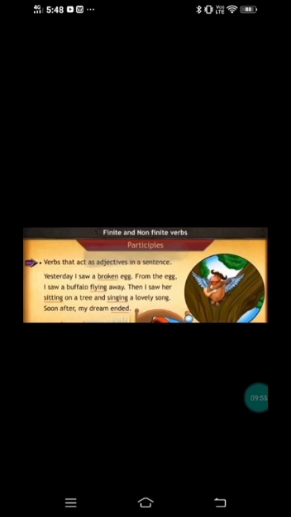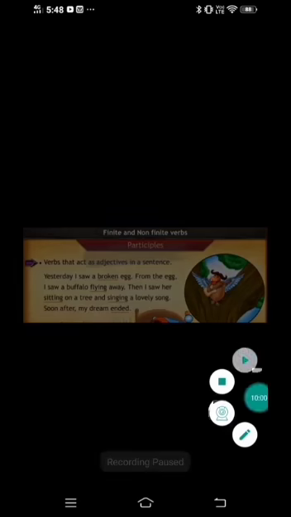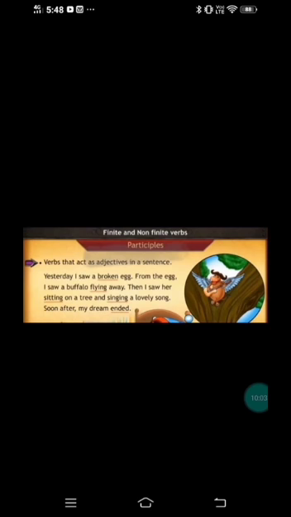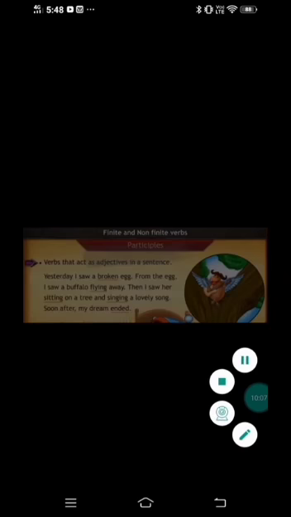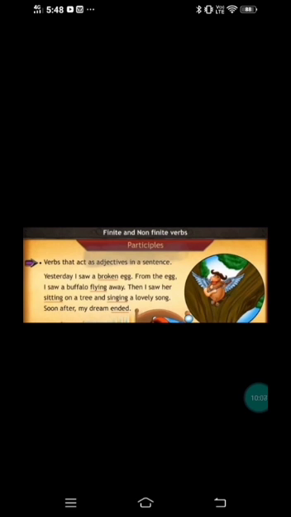But here in these sentences, these verbs are acting as adjectives, right? So, verbs acting as adjectives are called participles. Participles can be of two types, present participle and past participle. If you observe in the sentences, it is verb plus ing, that is flying, fly is a verb plus ing, singing, sing plus ing.